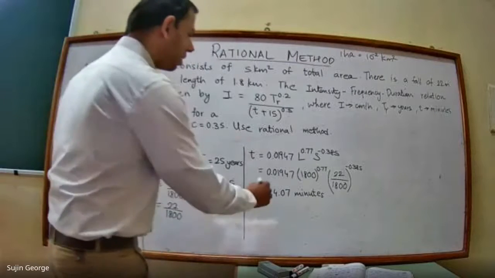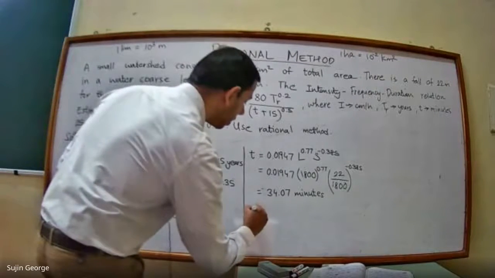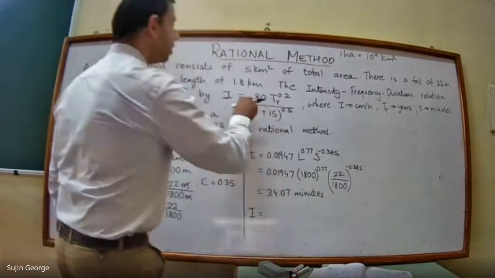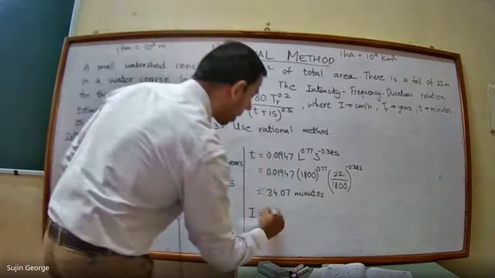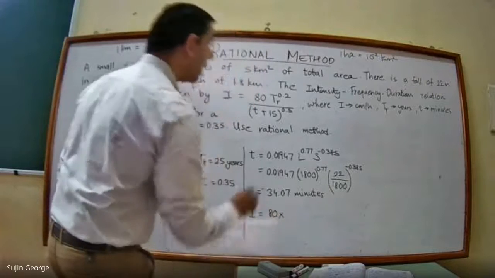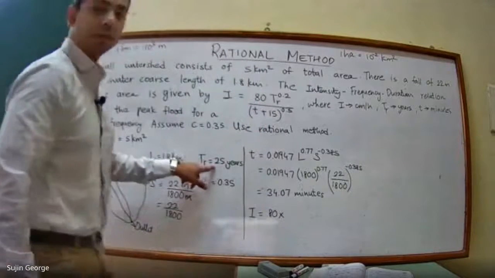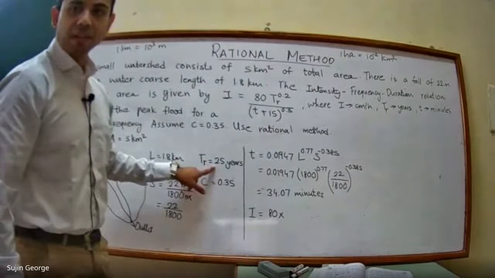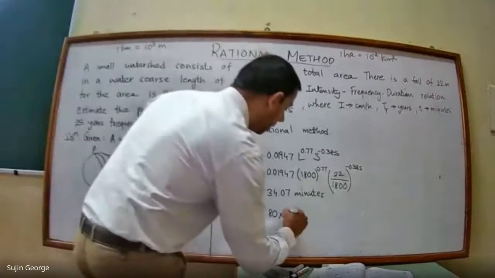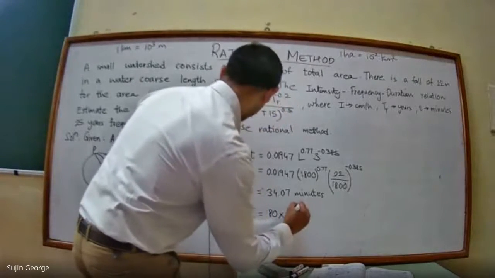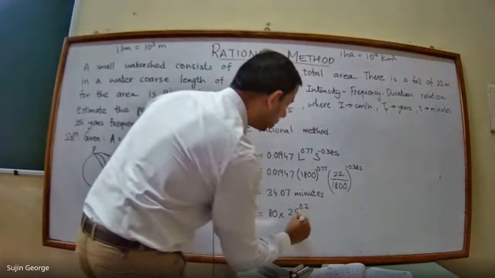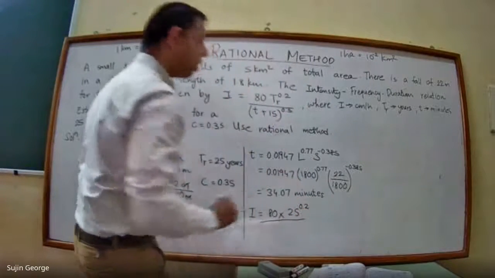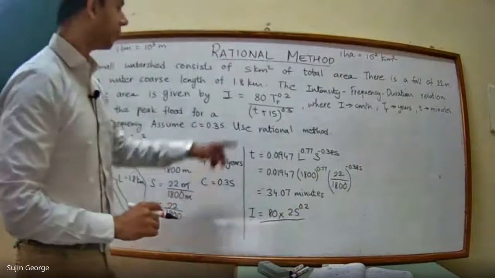So substituting this 34.07 in this equation. Okay. 80 multiplied by TR, which is given as 25 years, 80 into 25 raised to the power 0.2, whole divided by t.